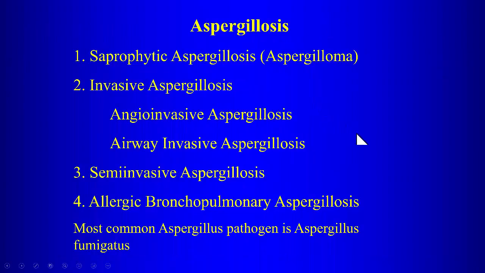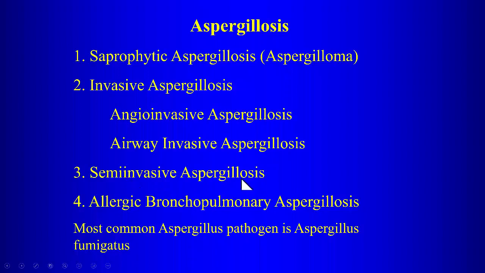So the different forms of aspergillosis infection to be familiar with: there is the aspergilloma, there's invasive aspergillosis, we can have angioinvasive aspergillosis, which we see in neutropenic patients. We can also have airway invasive aspergillosis that tends to affect patients with AIDS.